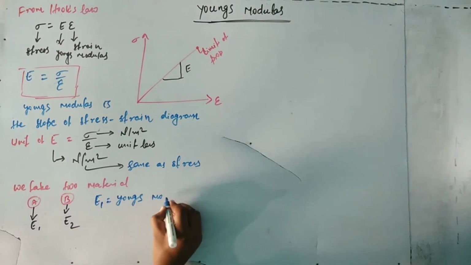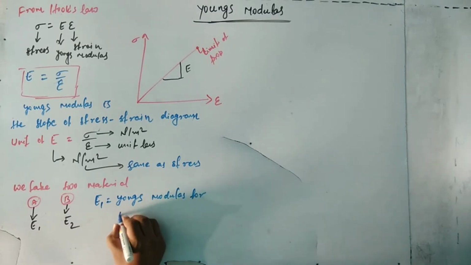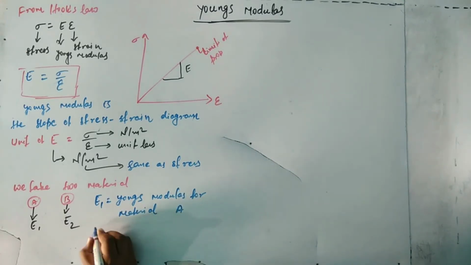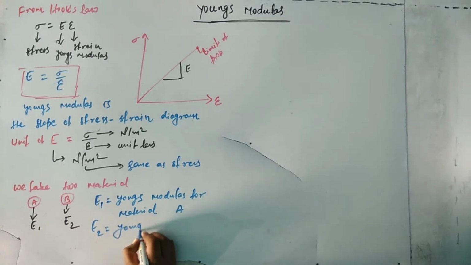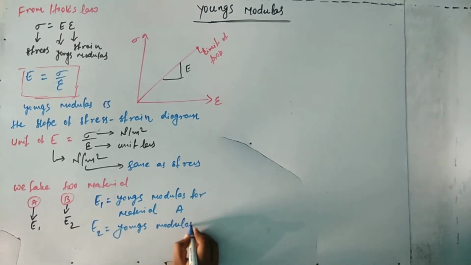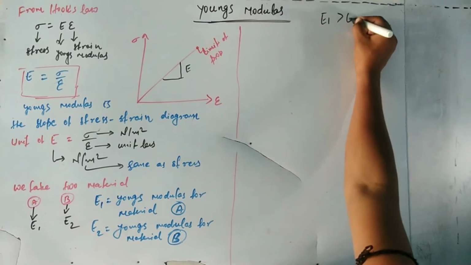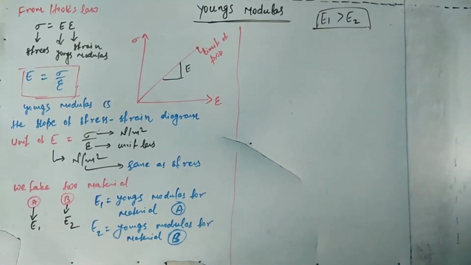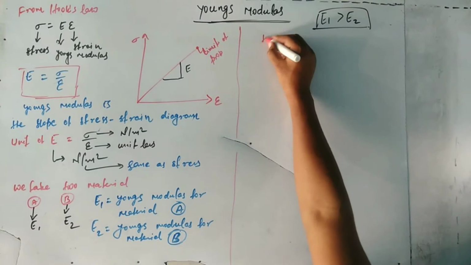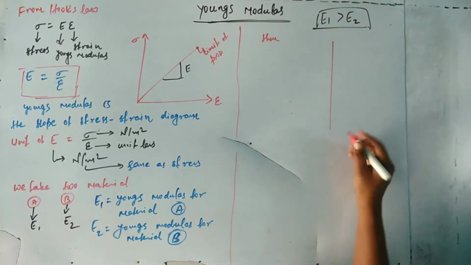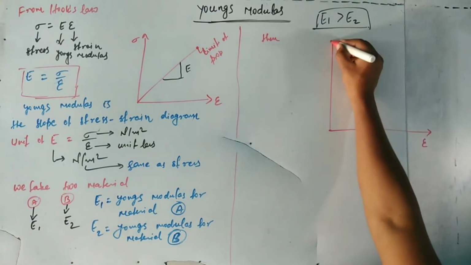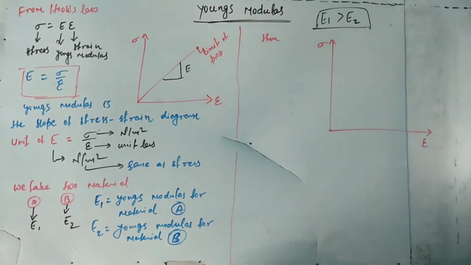We draw a stress versus strain diagram, where the Young's modulus of A is greater than that of B. We can say E1 is greater than E2.